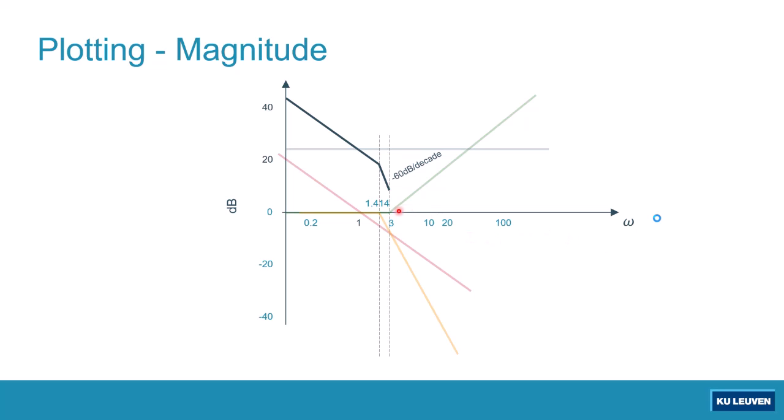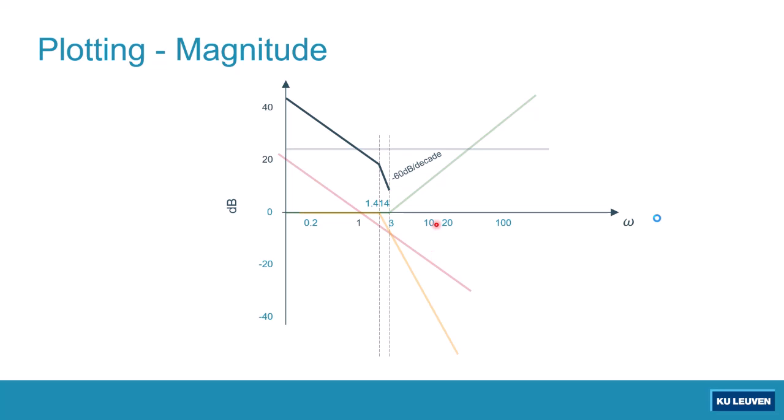And now, beyond the second corner frequency, I will have 0 dB per decade slope from G1. I will have negative 20 dB per decade slope from G2, positive 20 dB per decade slope from G3, and negative 40 dB per decade slope from G4.